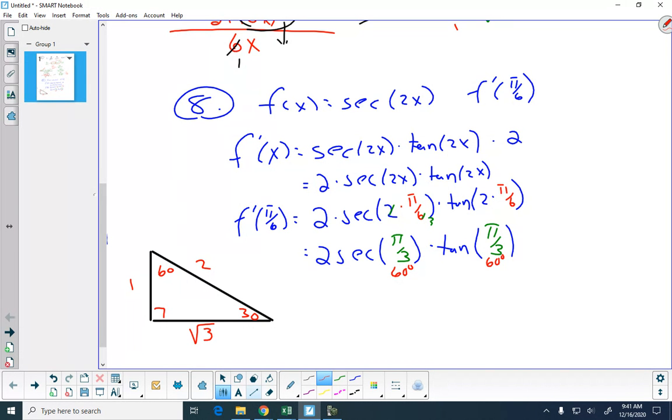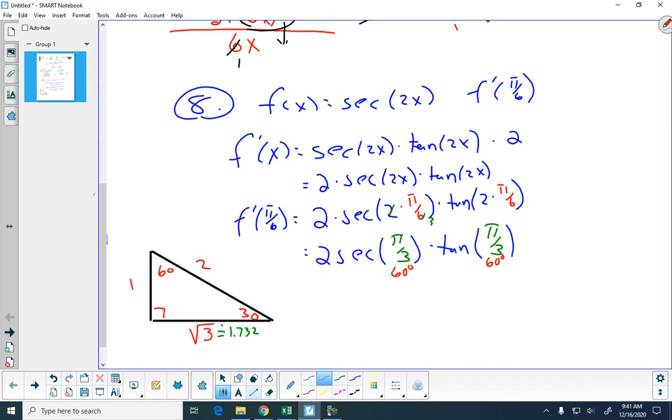The shortest leg will be across from the 30 degrees, because the smallest side will go across from the smallest angle. The biggest side will go across from the biggest angle. The value of 2 is bigger than square root of 3. Square root of 3 is approximately equal to 1.732, approximately.